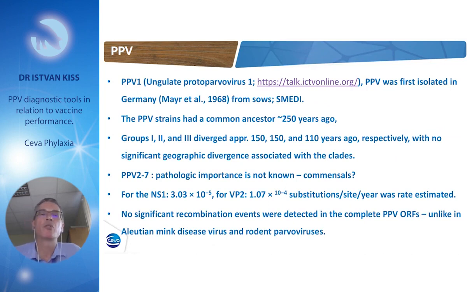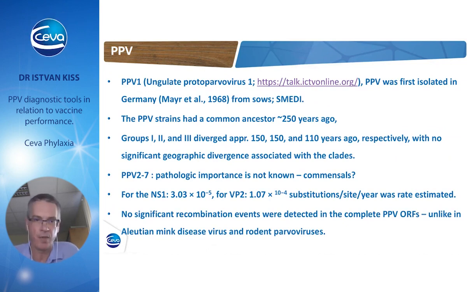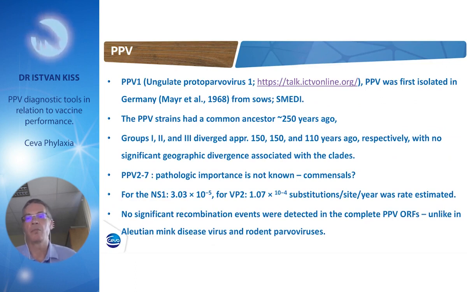According to bioinformatic investigations, they have a common ancestor existing approximately 250 years ago. Since then, there are 3 major groups that separated 150 and 110 years ago. Interestingly, they do not have a geographic proposition, so they can be found almost everywhere.